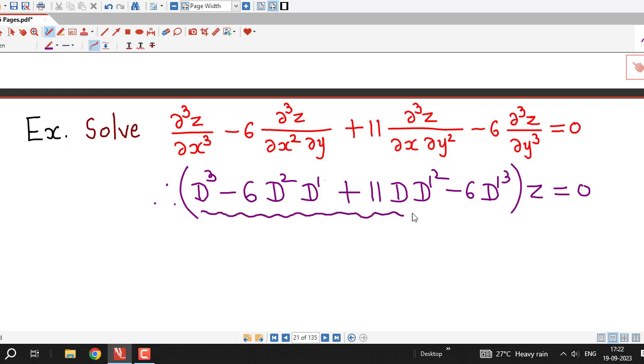And here also we observe that the degree of each term is constant and it is 3.